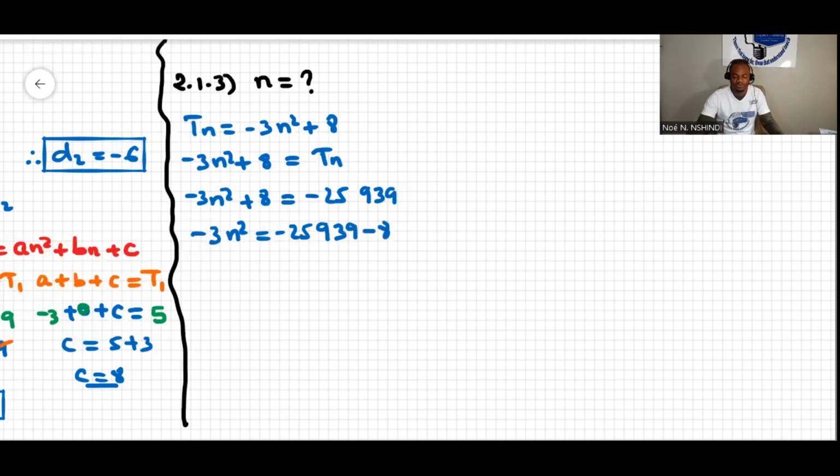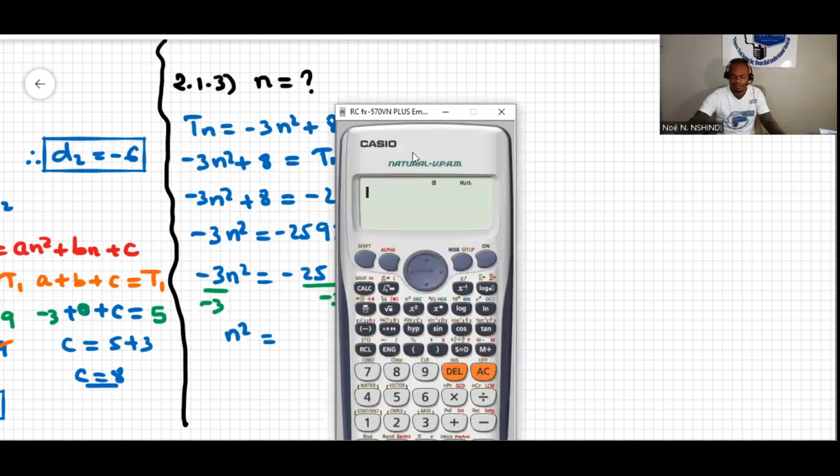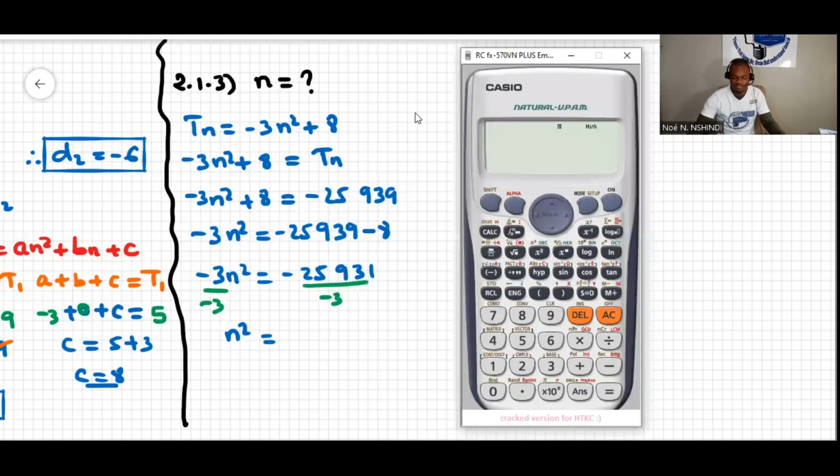Let's first solve it: that makes negative 3n squared equal to negative 25,931. Then to find n, I can divide both sides by negative 3. I'm going to use a calculator to do that: negative 25,931 over negative 3.